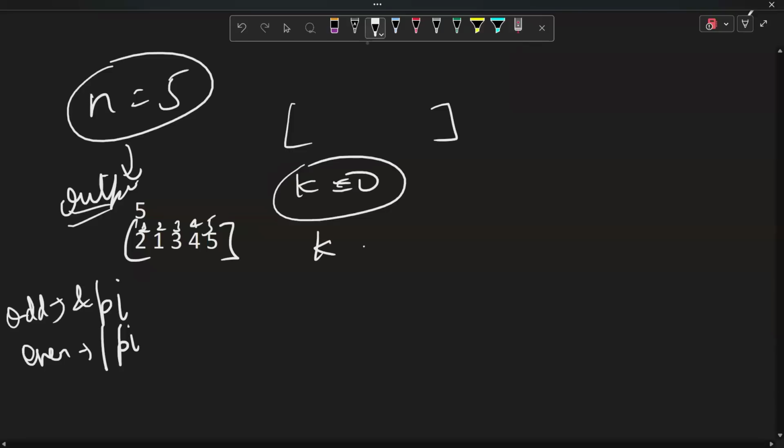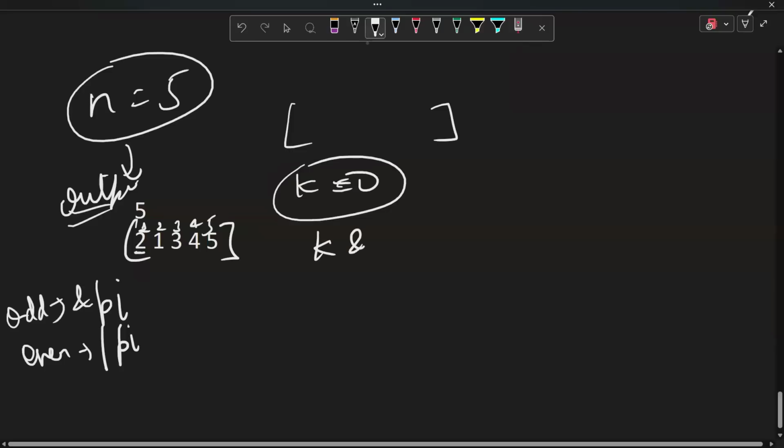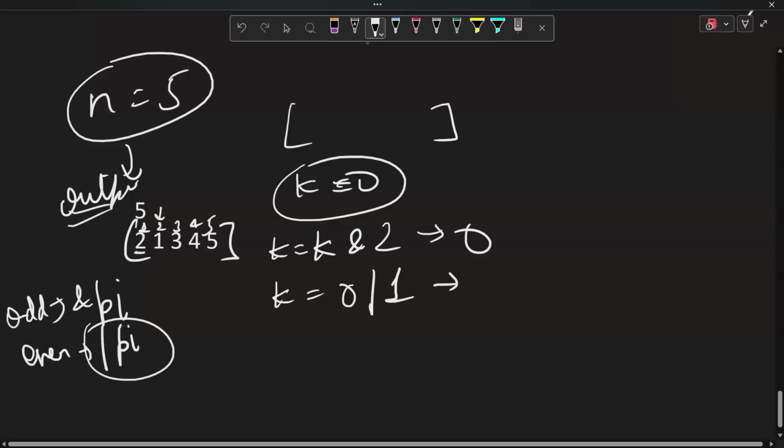This was an odd index, so you do k equal to k AND 2. So 0 AND 2 became 0 only. Now you went to i equal to 2. This was even, so you do an OR with p_i. So k was 0, and 0 OR 1 would become 1.